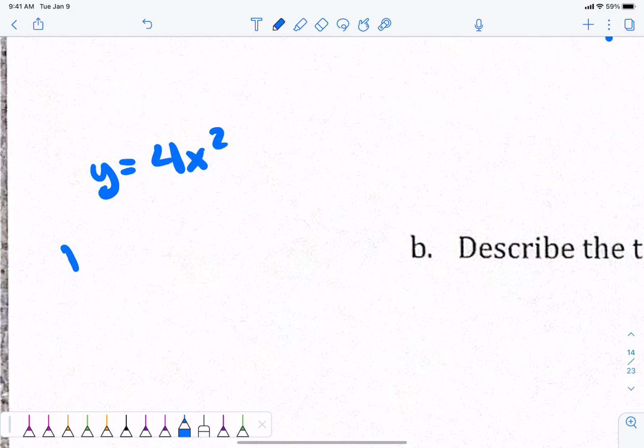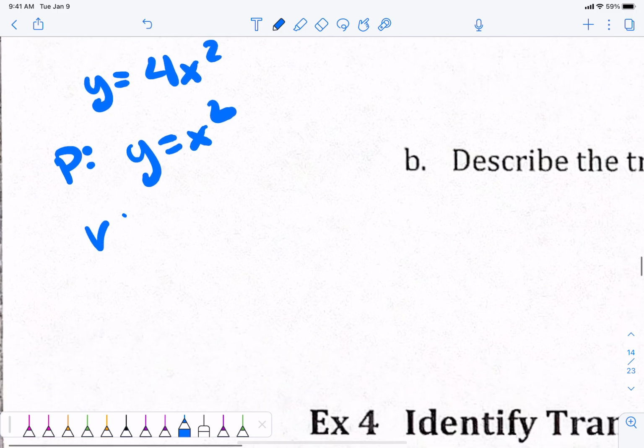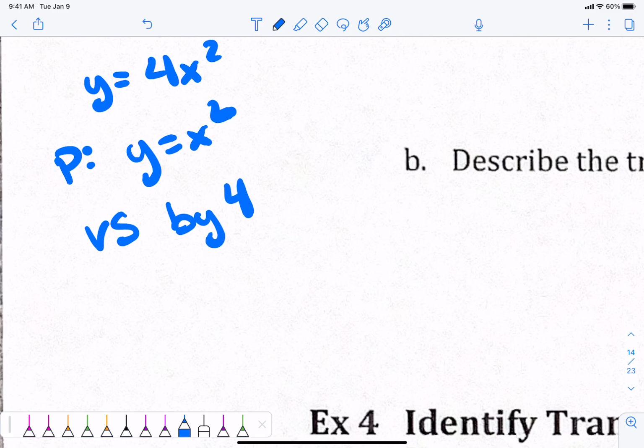The parent would be y equals x squared, correct? Now, the 4 is a vertical stretch by 4, yeah? And then a horizontal compression. Is it a horizontal compression by 1/4? No. What's it a horizontal compression by? 4? 16? 1 over 16? You're close.